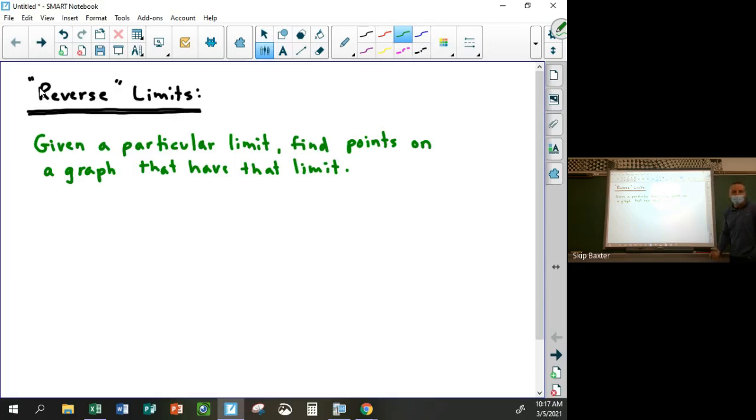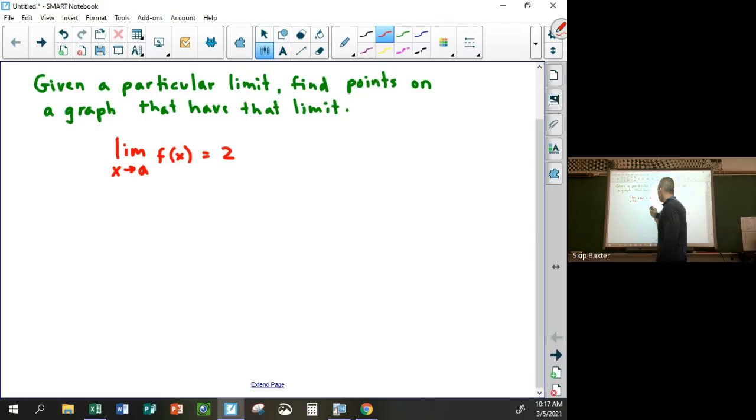Okay, for example, suppose I'm trying to find points on a graph where the limit as x goes to a of f of x equals 2. And I'm trying to find the a values where this is true. You get what I'm saying? So they would give you a function, a graph, and maybe the graph would look something like this.